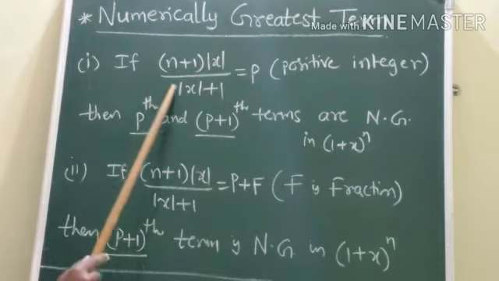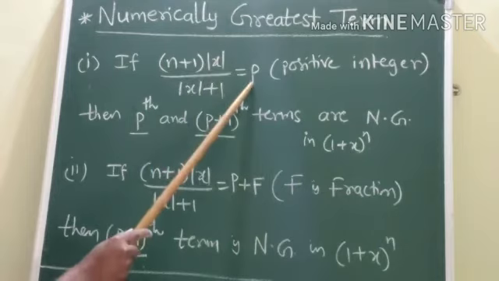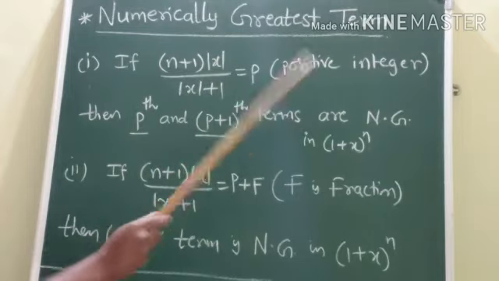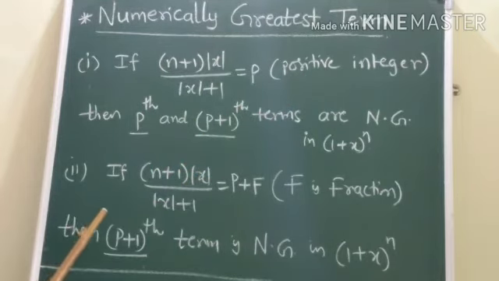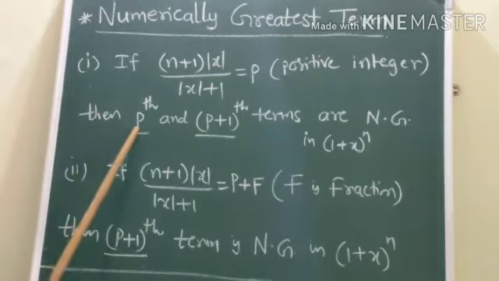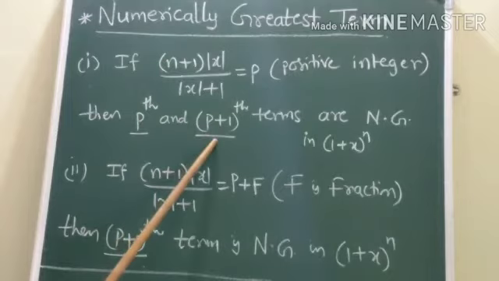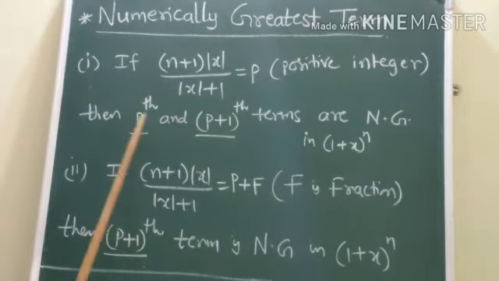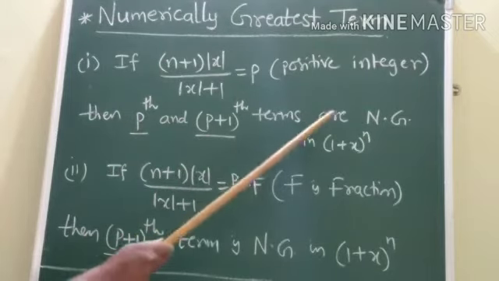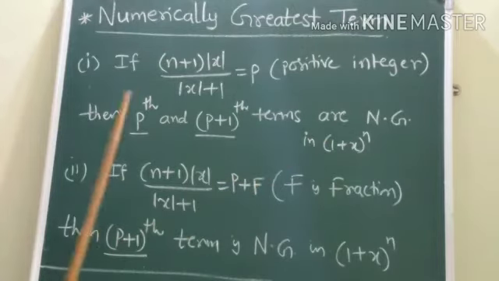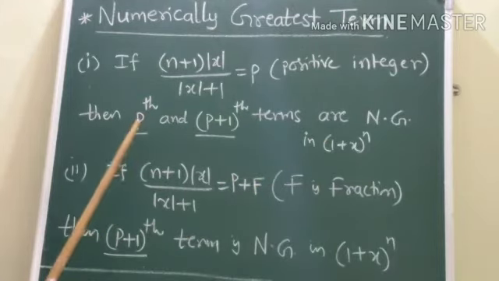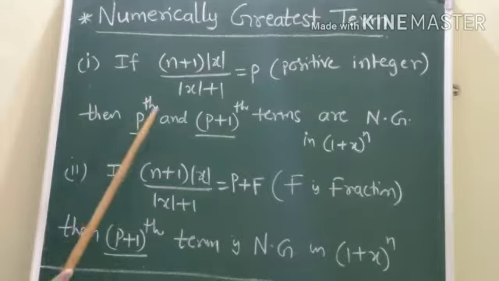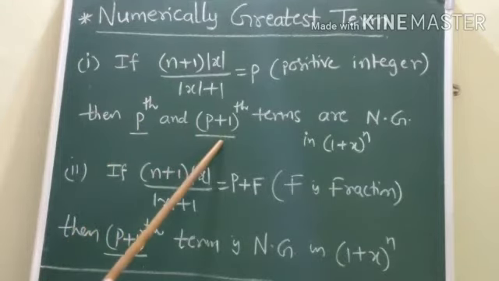By simplifying this, we get p. If that is a positive integer, that means not in fractional form, then we say the pth and (p+1)th terms are both numerically greatest terms. That means two terms are numerically greatest.